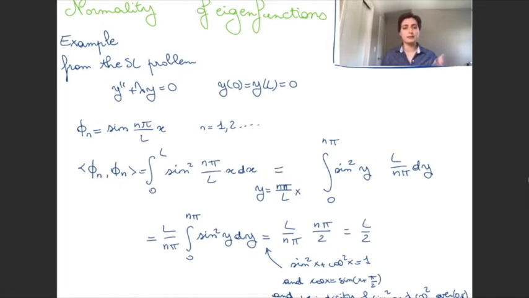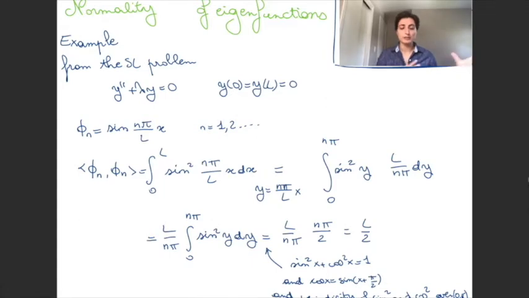So we go back to the Sturm-Liouville problem that we have seen a bunch of times. Second derivative of y plus lambda y equals 0, with 0 boundary conditions at 0 and at L. Then we have found the eigenfunctions of this problem being the sine of n pi over L times x, with n a natural number.